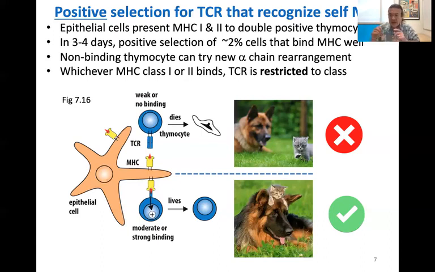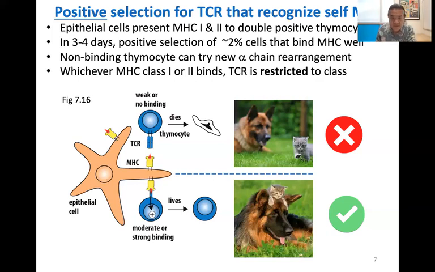So that means, as part of the training of a thymocyte, when it makes a new novel T cell receptor shape, that shape still needs to be the right shape to actually properly bind to MHC. Because if that T cell receptor can't even bind to MHC, then what good is it going to be, right?